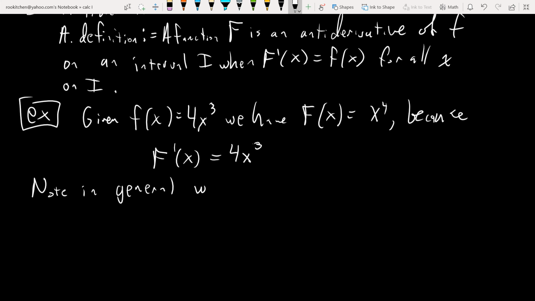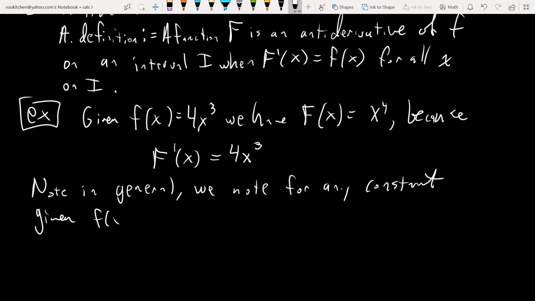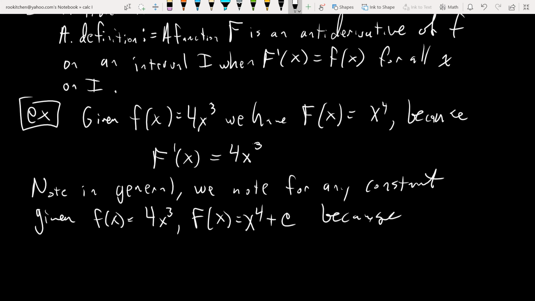So in general, we note for any constant c, given little f of x equals 4x cubed, big F of x can be x to the fourth plus any constant, because f prime of x in that case, the derivative of x to the fourth is 4x cubed, but the derivative of c is just 0.